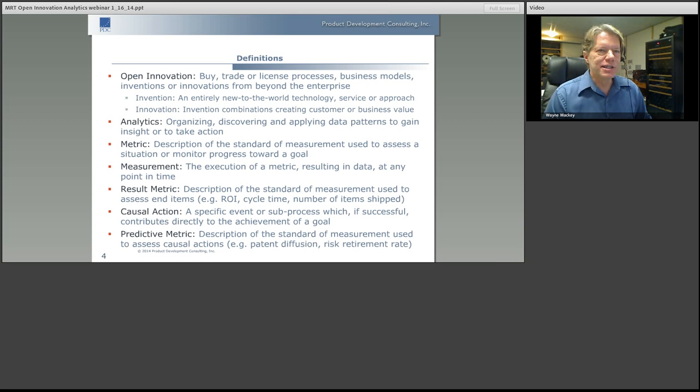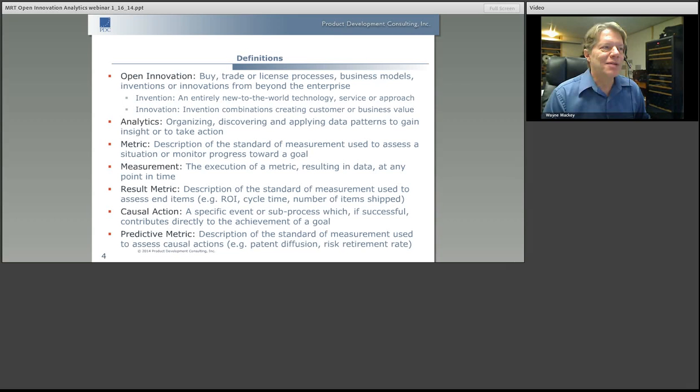And the organizing and discovering pieces of it are actually the ones that companies don't tend to do as well as some of the applying the data patterns, which they can use software for and other things. So we're going to talk today a little bit about setting up for success in analytics, and that's putting these together in an organized way and then applying your metrics and data and information to discover and then apply data patterns to be able to predict the future or to take action.